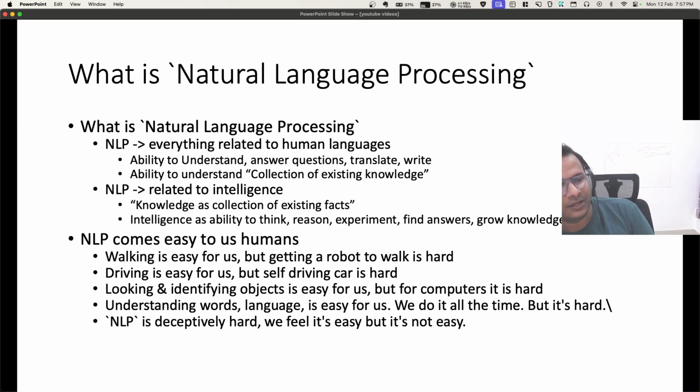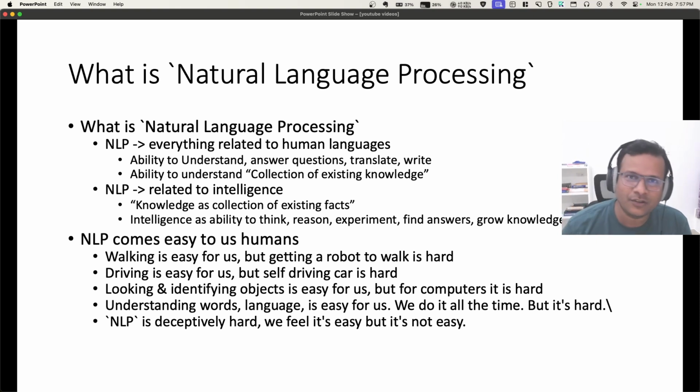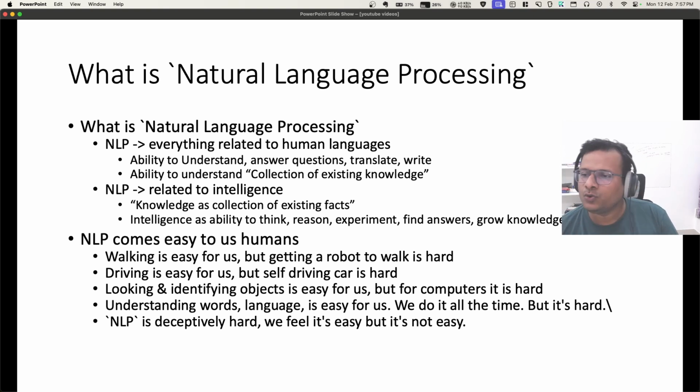Intelligence is the ability to think and understand, and as long as we are given data, we can learn from that data set. So NLP is not just language parsing, but also related to intelligence. So that is how the story is connecting from language to natural language processing. The thing is, NLP comes easy to us humans.